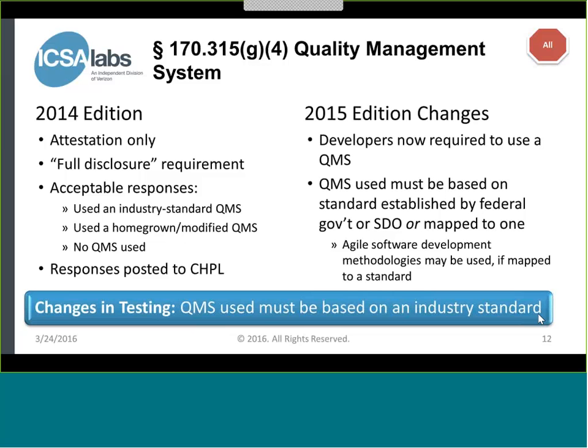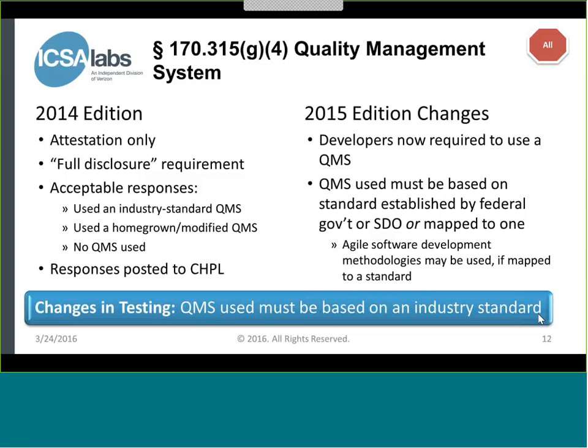Now for 2015, they've actually changed that. The QMS is required. That QMS must be based on a standard that's been established either by the federal government or a standards developing organization, or again, you would have to map it to one. In the past, there were organizations, developers who submitted an agile software development methodology as a QMS.